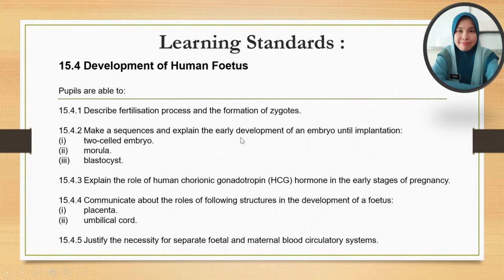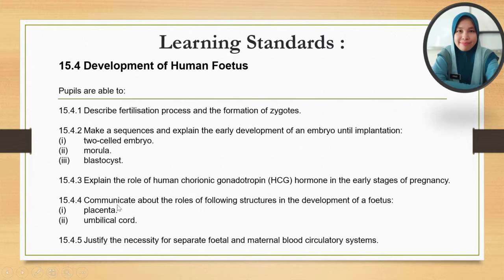Explain the earliest development of an embryo until implantation that involves two-cell embryo, morula and blastocyst. Number 3, explain the role of the human chorionic gonadotrophin hormone or HCG in the early stages of pregnancy.